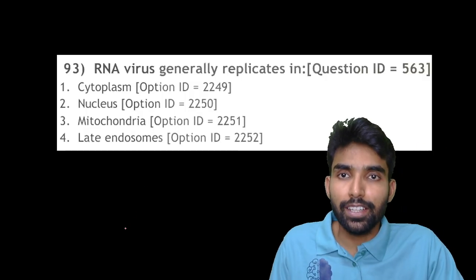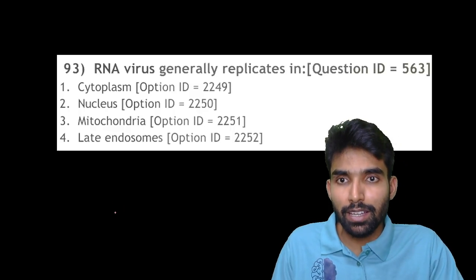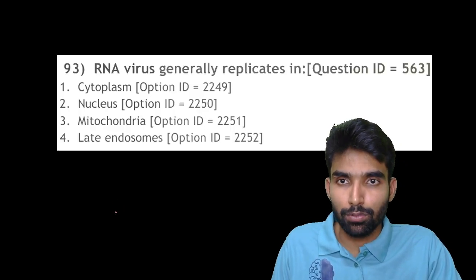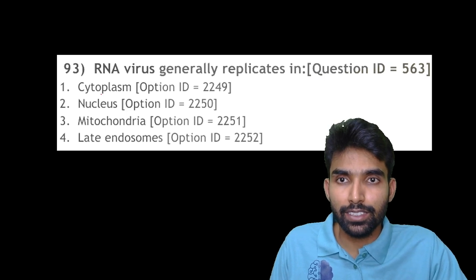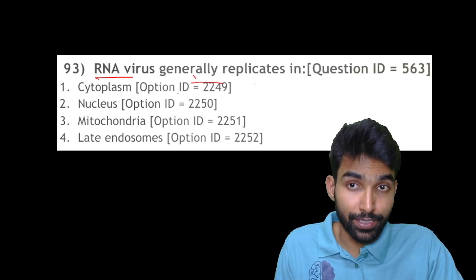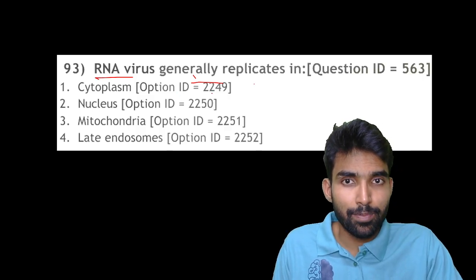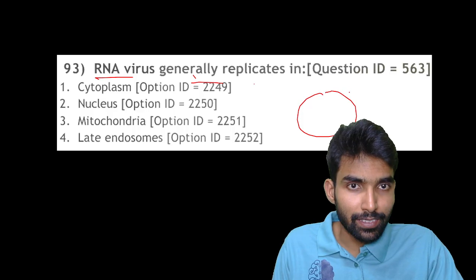Next, RNA viruses generally replicate in cytoplasm, nucleus, mitochondria, or late endosome. RNA viruses generally replicate in where? Think. So the virus is coming inside the cell, right?